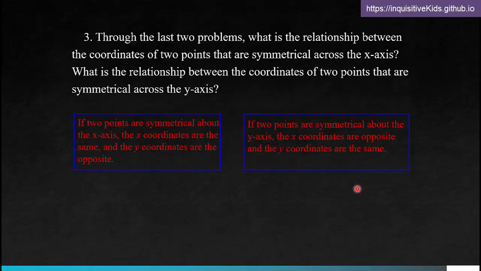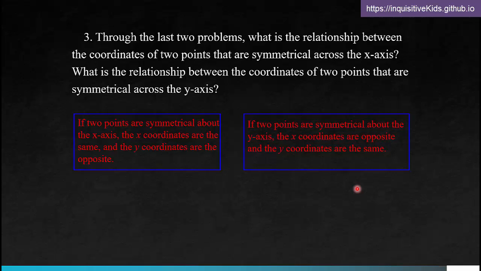Due to the last two problems, what is the relationship between the coordinates of 2 points that are symmetrical across the x-axis? What is the relationship between the coordinates of 2 points that are symmetrical across the y-axis? If 2 points are symmetrical about the x-axis, the x-coordinates are the same, and the y-coordinates are opposite.